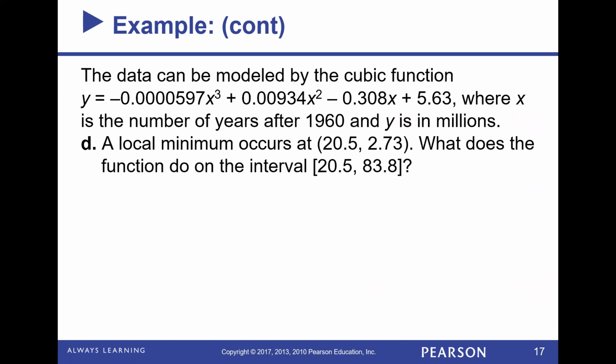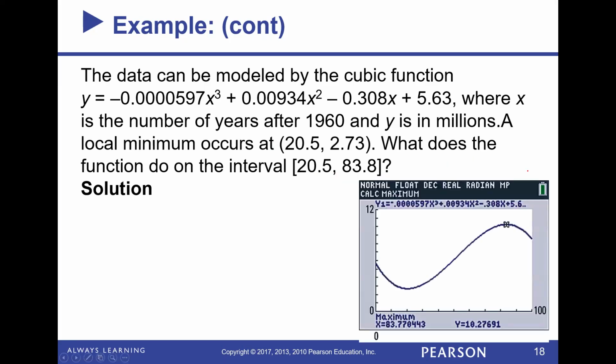Okay, so we know that a local minimum also occurs at 20.5 and 2.78. But what does the function do on the interval of 20.5 to 83.8? I've already done the work for you to find that minimum, but if you want to play with your calculator and find it, that's perfectly fine. But remind yourself that when I look at this, these are X values. It's between them.